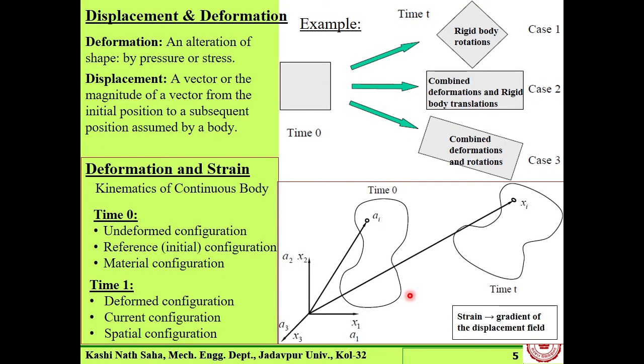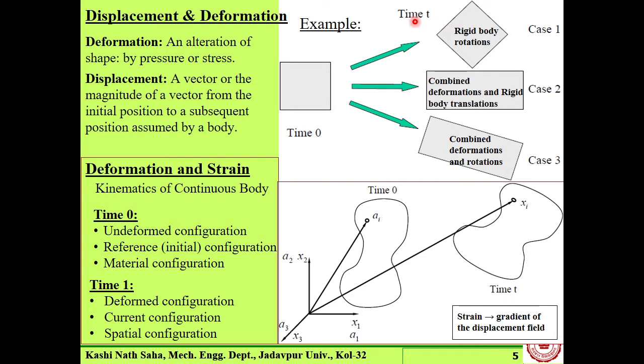And here the idea of displacement and deformation is shown somehow. So here you see this is the initial body, and this is the body represented after deformation. These two phenomena are designated by time 0 and time t.